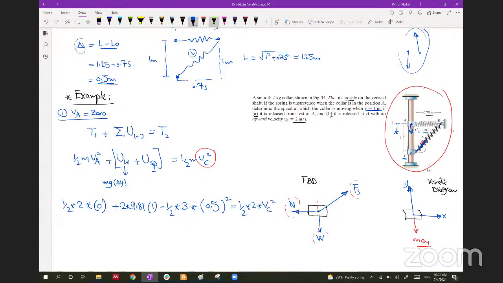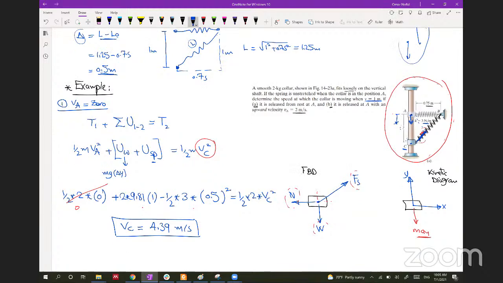So we know everything in this equation. This part will be 0. You can calculate this part and this part, and then you can get VC. When you calculate VC, it will be 4.39 meters per second. So this is using the concept of the relationship between work and energy.